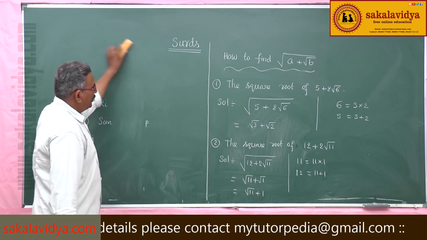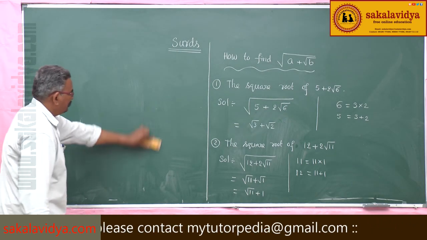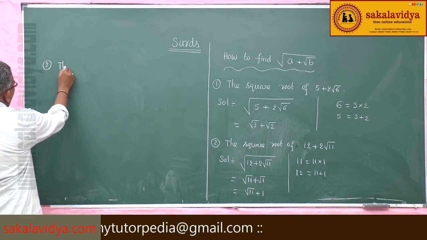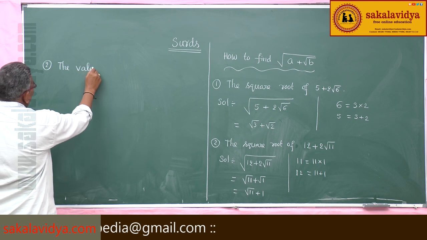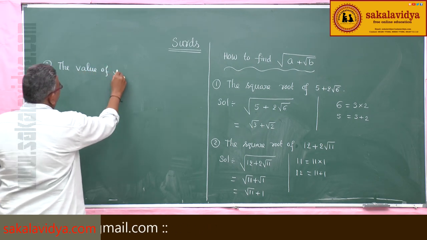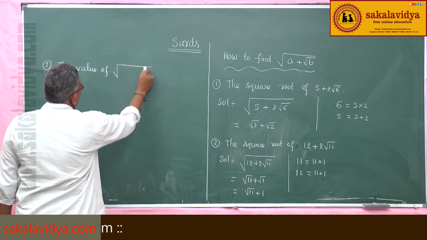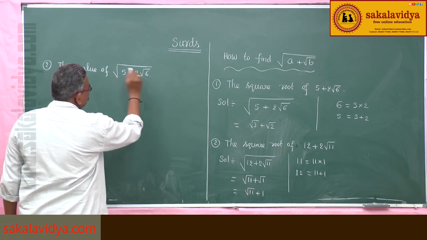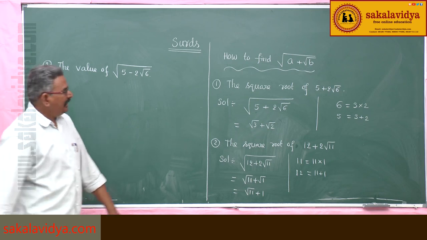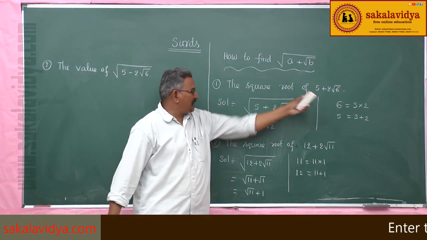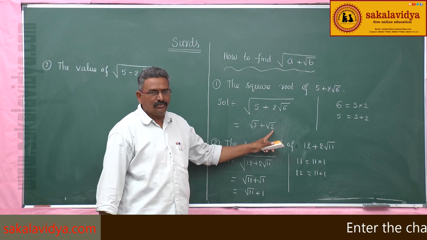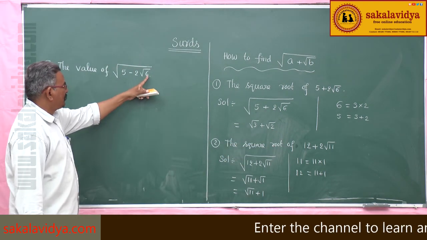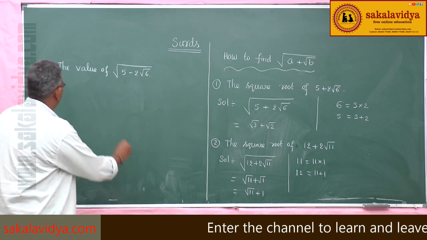Suppose you want to find the value of the square root of 5 minus 2 root 6. As the square root of 5 plus 2 root 6 is root 3 plus root 2, it is very clear the square root of 5 minus 2 root 6 must be root 3 minus root 2.